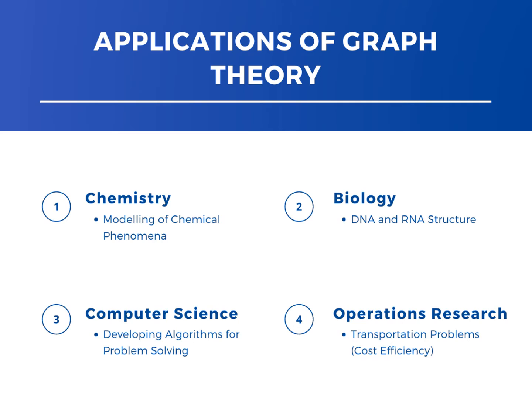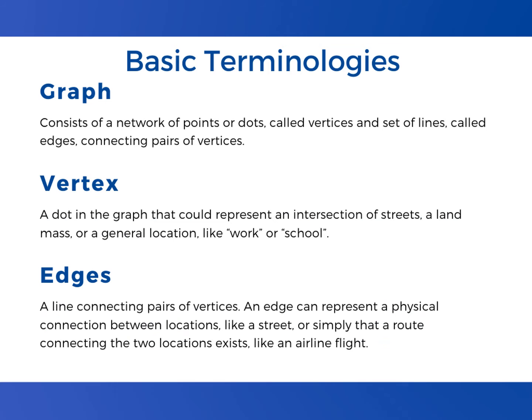We also use graph theory in computer science to develop algorithms for different problem solving. Lastly, we have operations research, where graph theory is used for transportation problems to maximize cost efficiency. This is where we will apply Eulerian and Hamiltonian circuits as we move on.